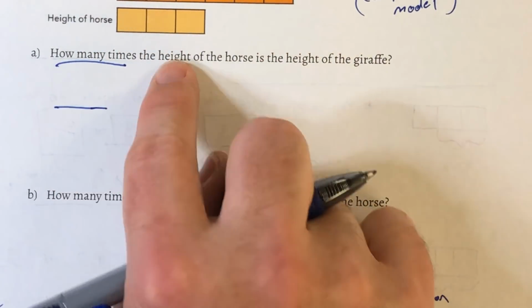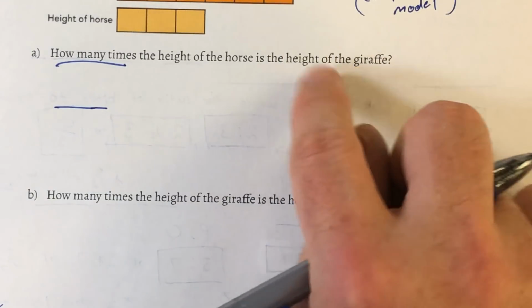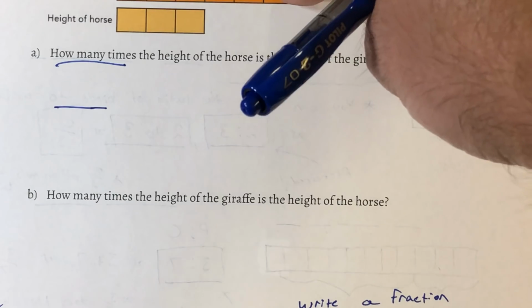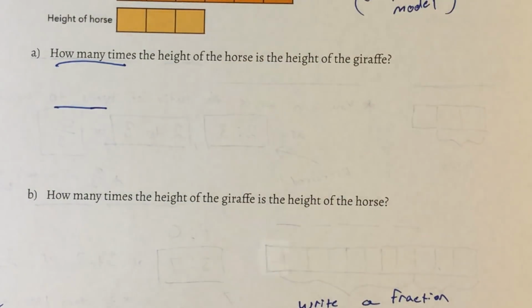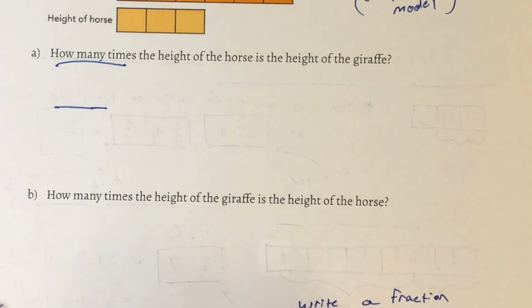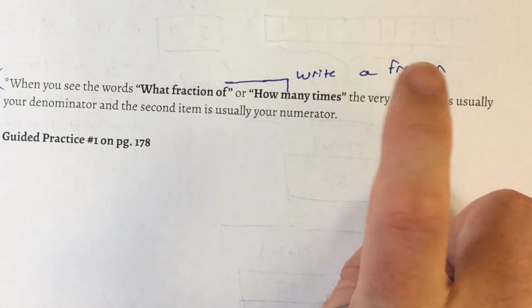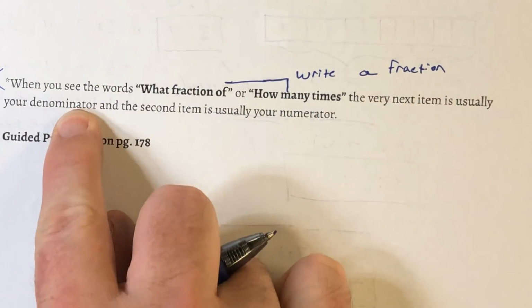How many times the height of the horse is the height of the giraffe? So basically, this giraffe, how many times the horse is that? You'll notice it looks double, right? So when you see that phrase, you're going to write a fraction. The very next thing is your denominator.